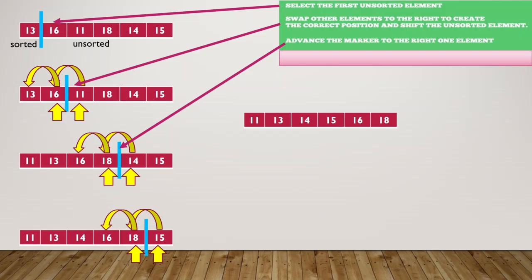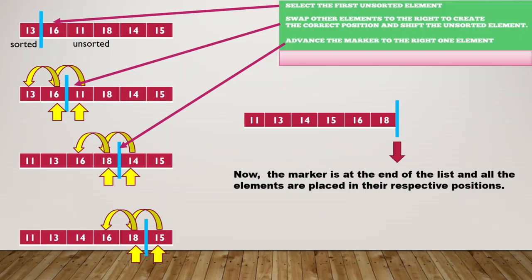Now we have 11, 13, 14, 15, 16, 18. The marker is at the end, the list of unsorted elements is empty, and all the elements are placed in their respective positions. This is the working procedure of insertion sort.